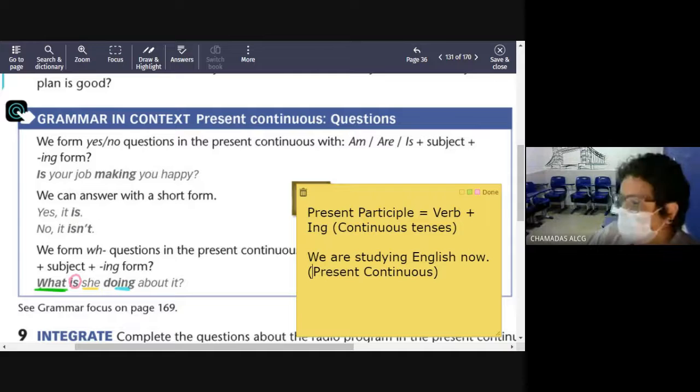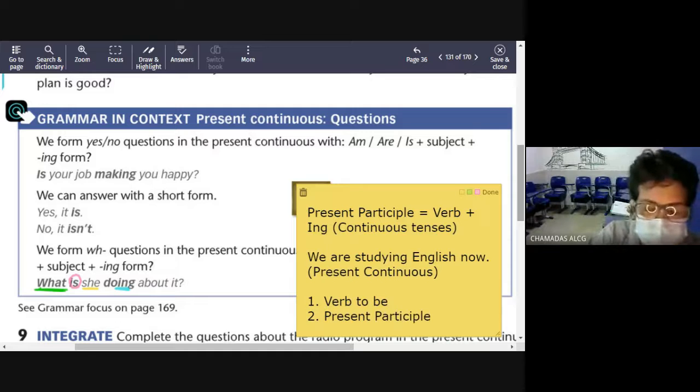The first part of the present continuous: number one, verb to be, okay? And number two, present participle. Okay, guys, these are the two parts we use to form the present continuous.